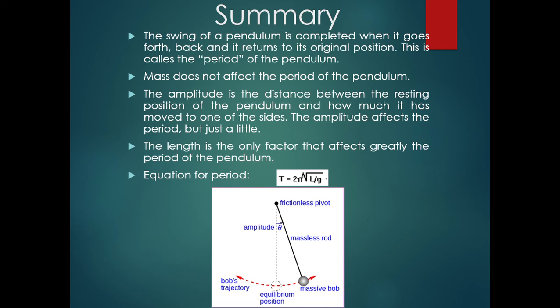So this is the only thing that actually affects greatly the period of the pendulum. If it is higher, it is going to have a higher amplitude, of course, as well as a higher momentum. But if it has a very short length, then the period of the pendulum will be lower as well.